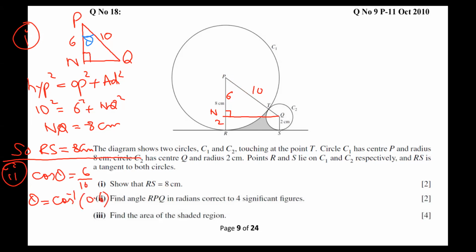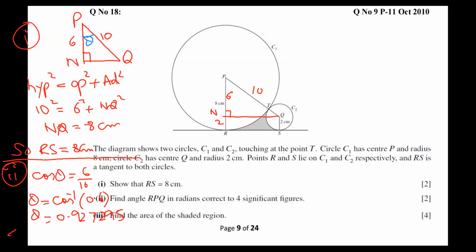Let me check, cos inverse of 0.6 gives us 0.927295. But he said give me 4 SF. So 1, 2, 3, 4, and the 9 I don't want. 9 is bigger than 4, so add 1 to the 7, making 3.